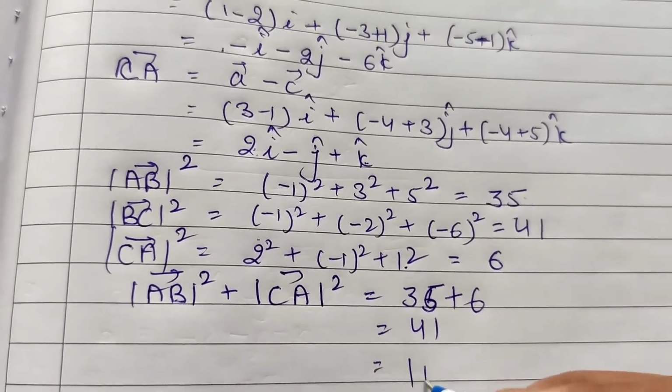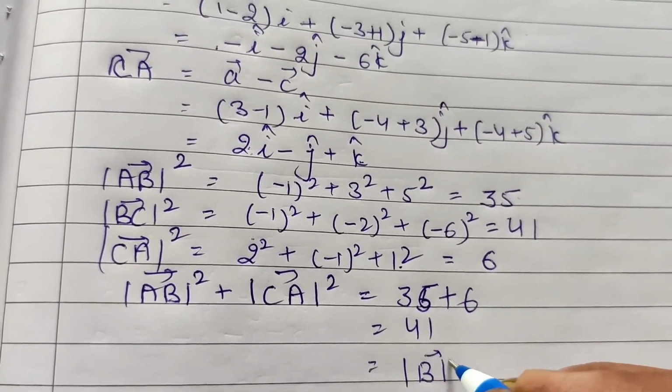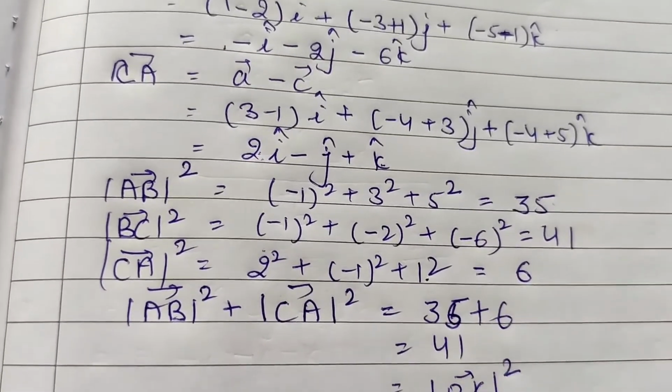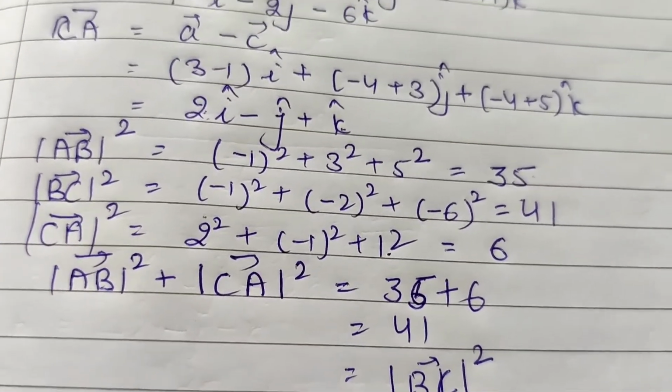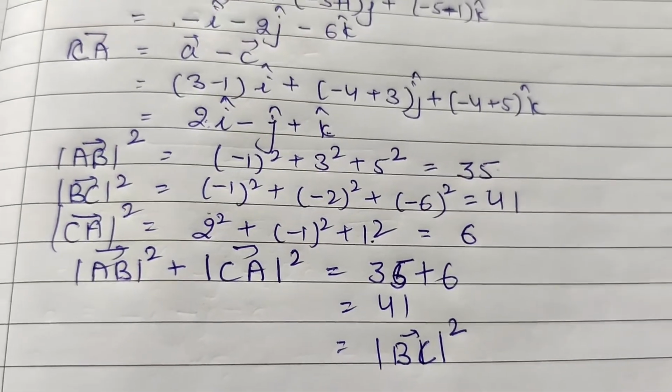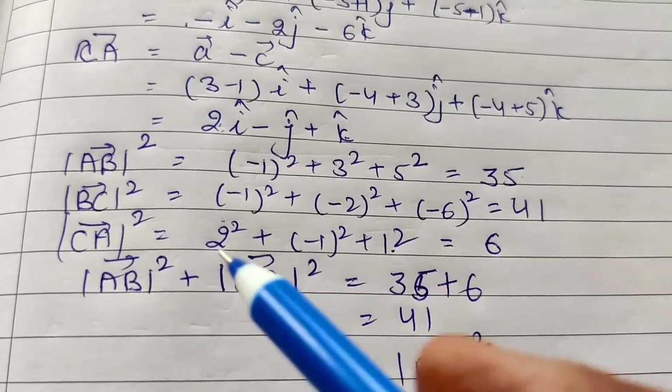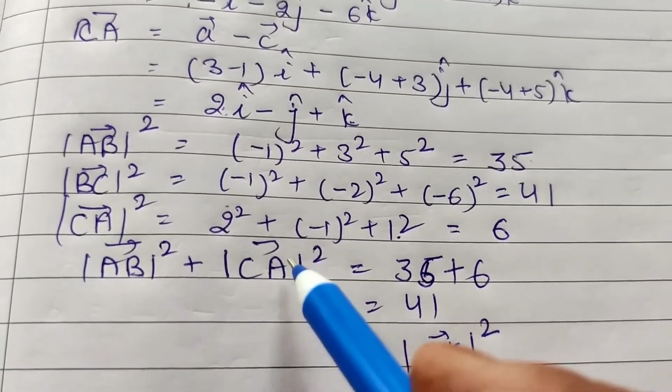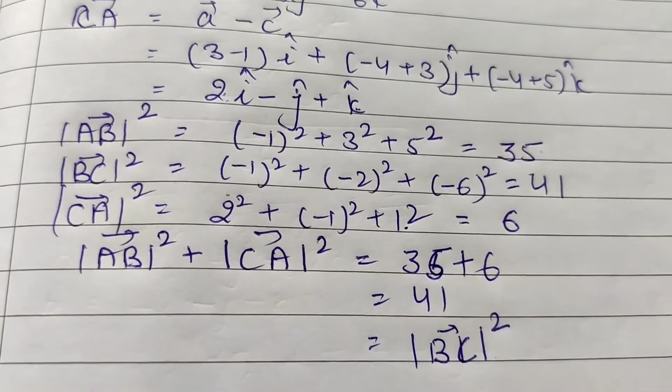We can say it is the square of BC. Therefore, the given points form the vertices of a right angle triangle, because the sum of the squares of two sides equals the square of the third side.